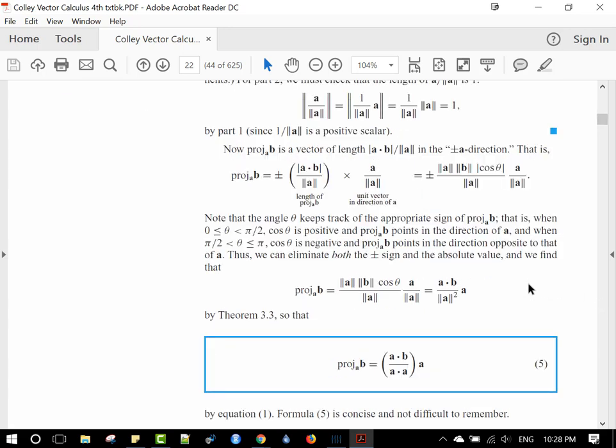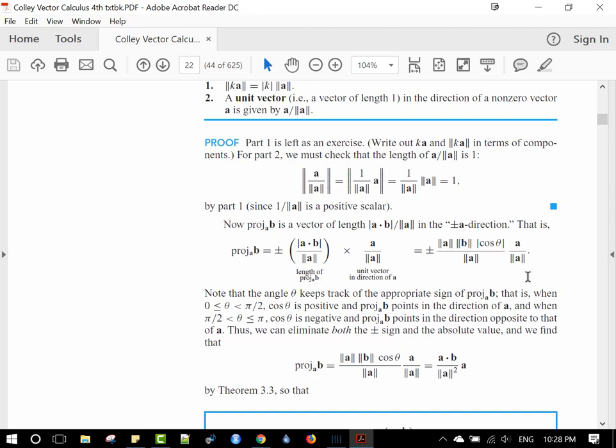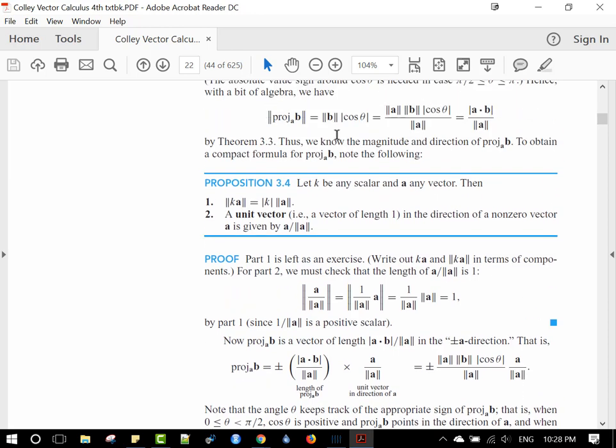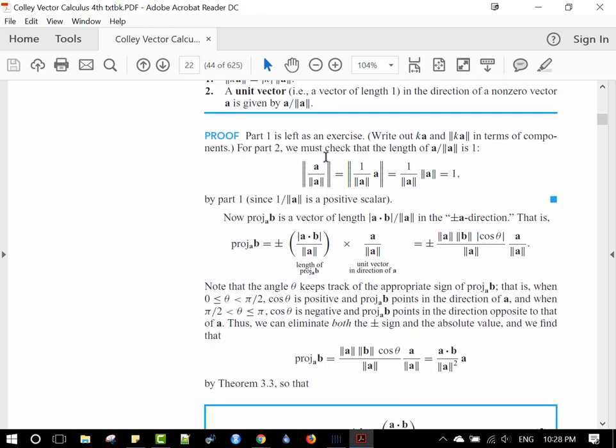Not only are we going to show the size of it, but we're going to actually have an expression for it as well. So this is not the norm of it. This is the actual projection, the actual vector, and here's an expression for it. We want to prove both of these. Is this actually a vector?